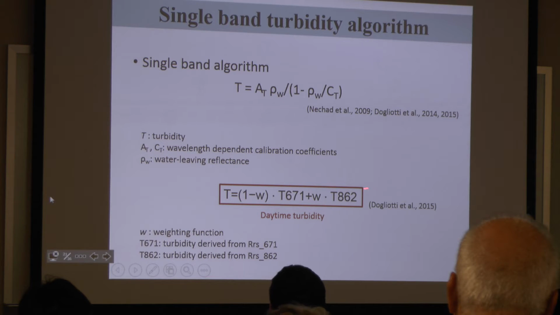In the 2015 paper, they further revised the equation to combine the turbidity with a weighting function. The weighting function changes from 0 to 1. After applying this equation, the turbidity can range from 0 to 1000 FNU.